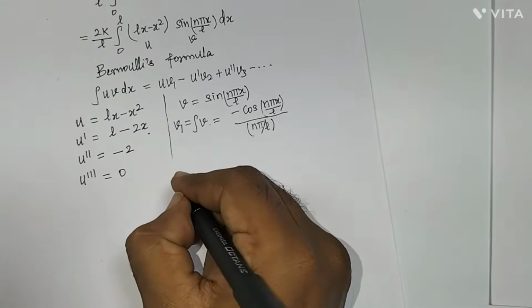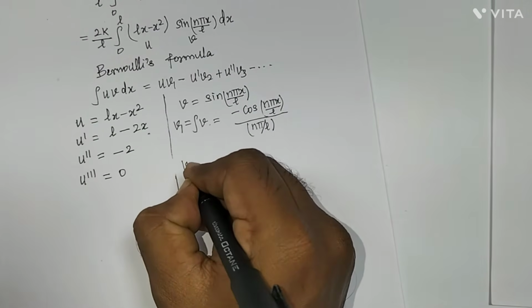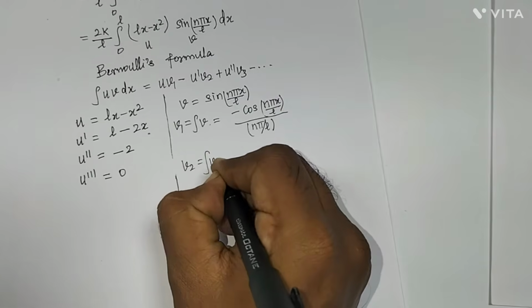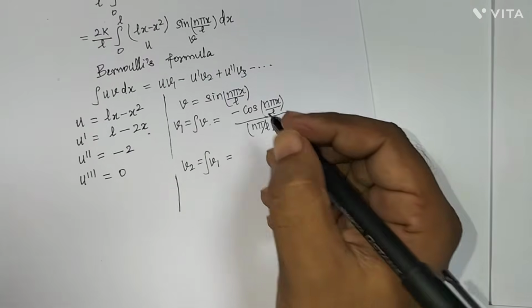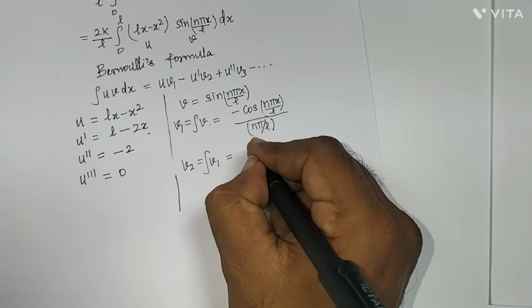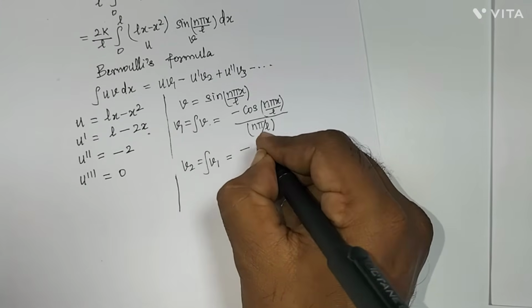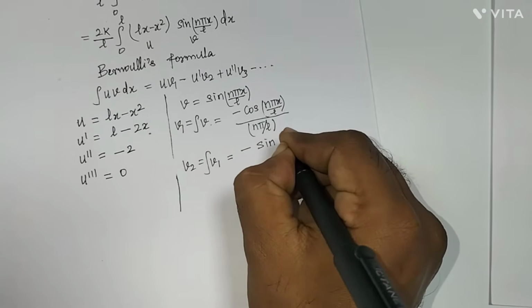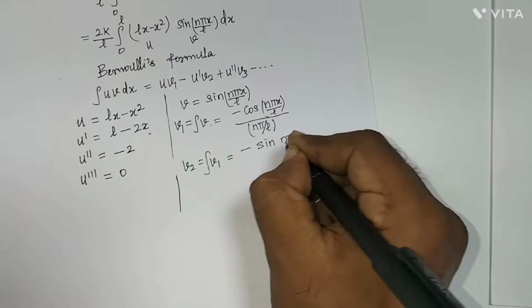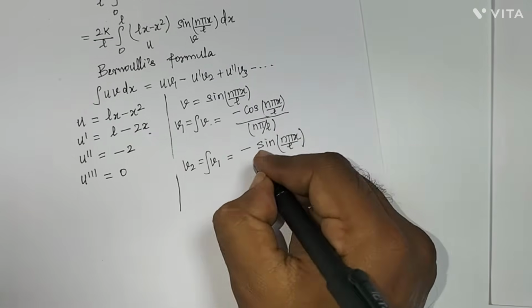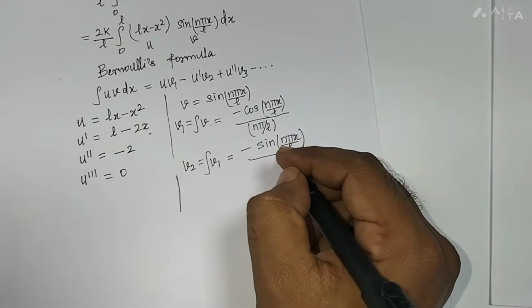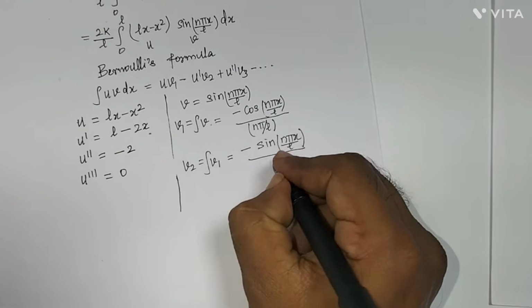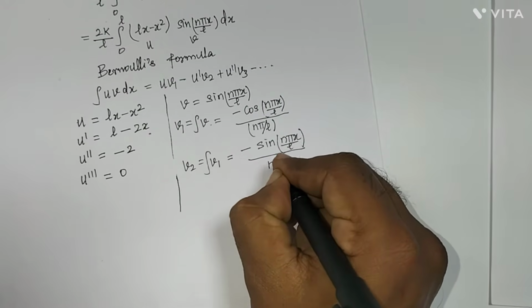And I am going to find v2 equal to integral of v1. So again the cos term you can integrate. Integration of cos gives sin, minus as it is, and we have to write sin n pi x by L divided by n pi by L, already one n pi by L, n pi by L into n pi by L, we can write n pi by L whole square.